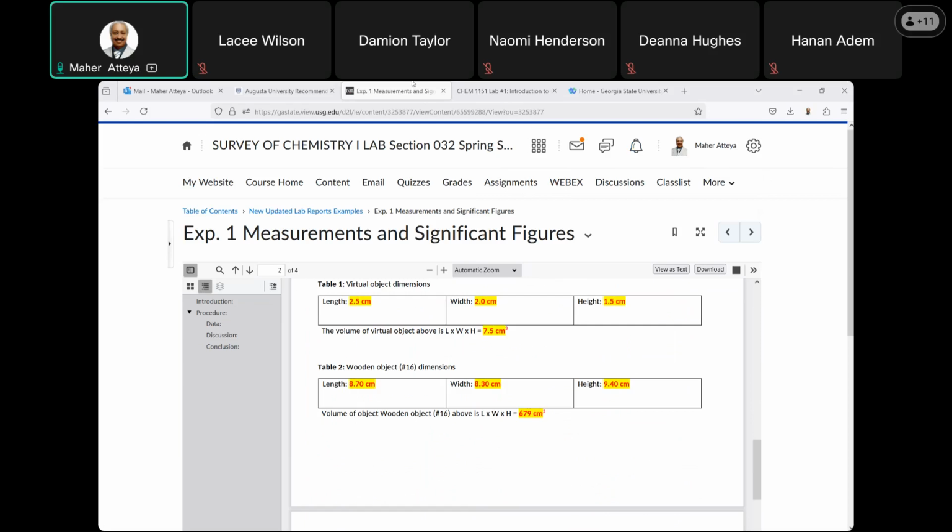This one here is discarded because we are not doing it, except for the rectangular object, the theoretical one on the sheet.